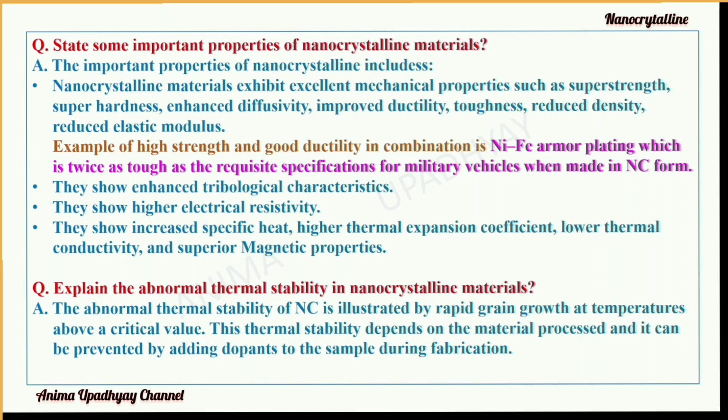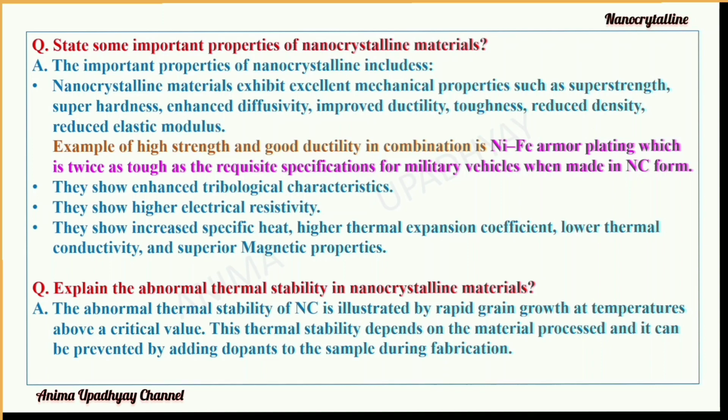The example of high strength in combination with good ductility is nickel iron armor plating, which is twice as tough as the requisite specifications for military vehicles when made in nanocrystalline form. The other important characteristics are enhanced tribological characteristics, high electrical resistivity, increased specific heat, high thermal expansion coefficient, low thermal conductivity and superior magnetic properties.